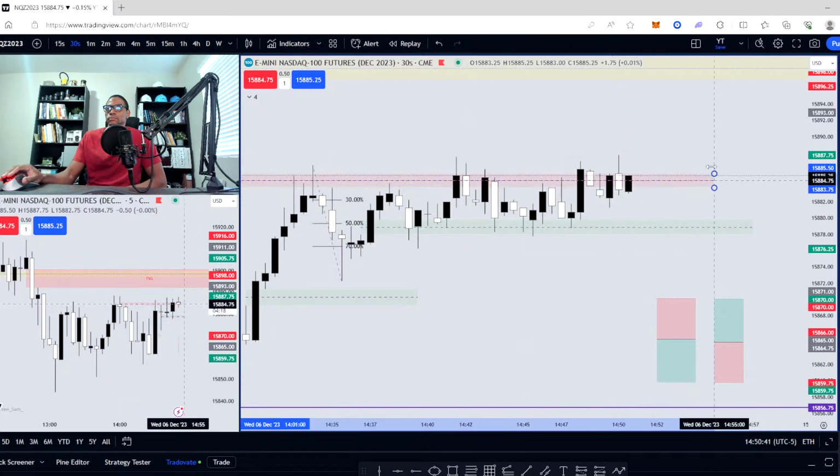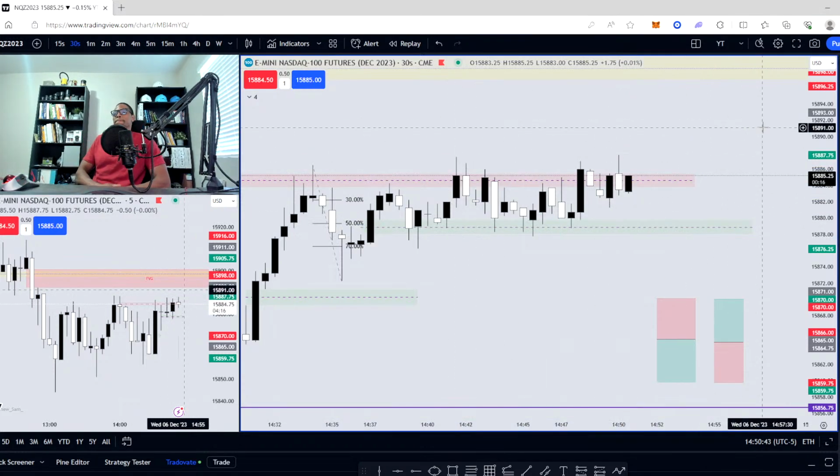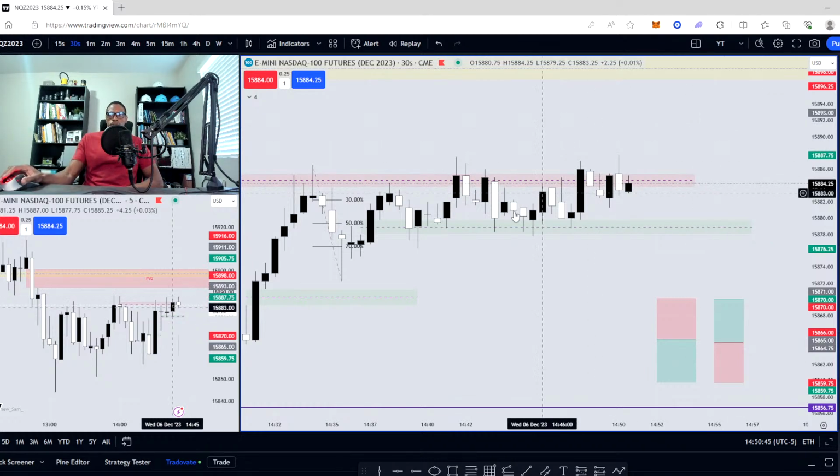You can see this is what happened. It just went fair value gap to fair value gap, just played in between.